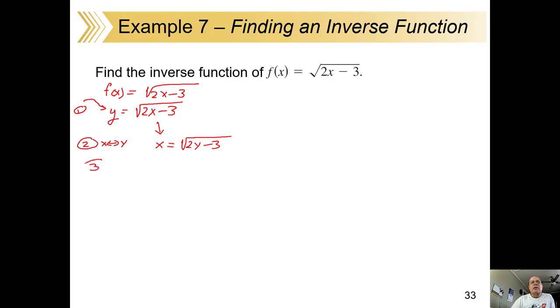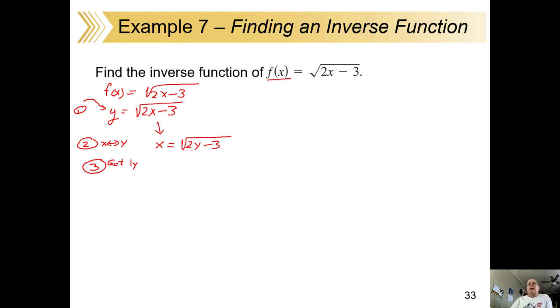Number 3. If you want a function, what you need is y to be first. So we're going to have to do a little bit of cleanup on this one. I want to get 1y. How can I do that?